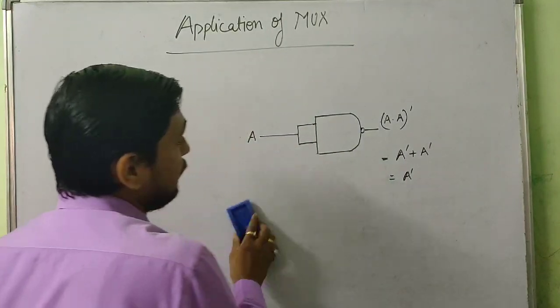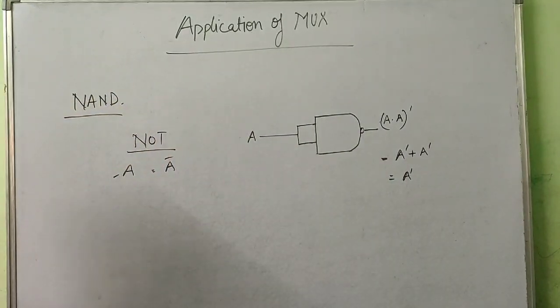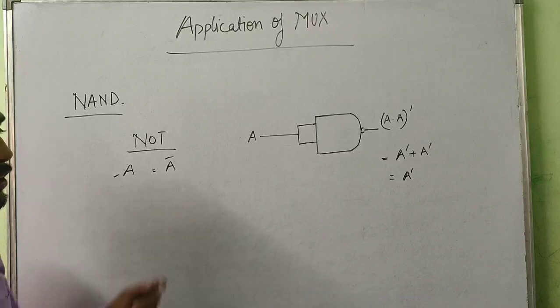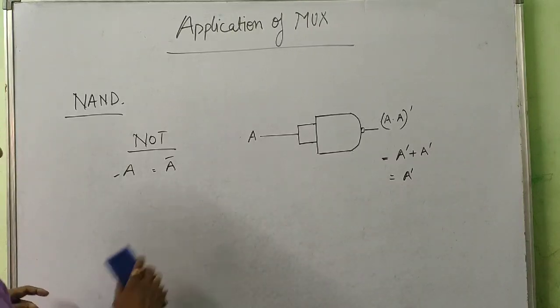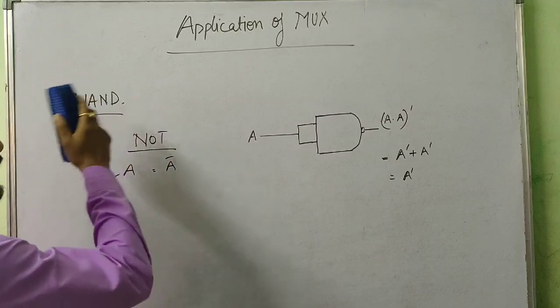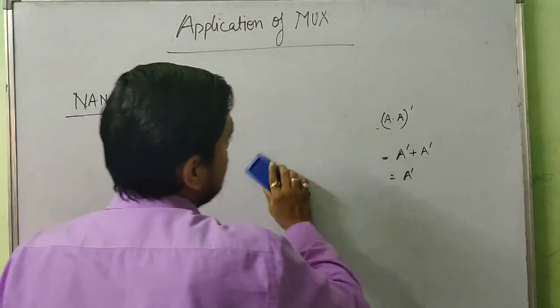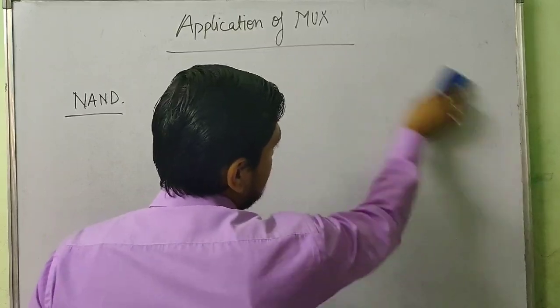The second gate that we are going to see is the AND gate. We will perform an operation of AND. Just note it down. So this is NOT using NAND. Now let's see AND using NAND.